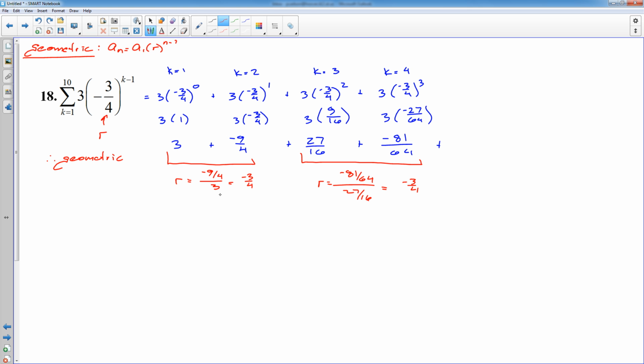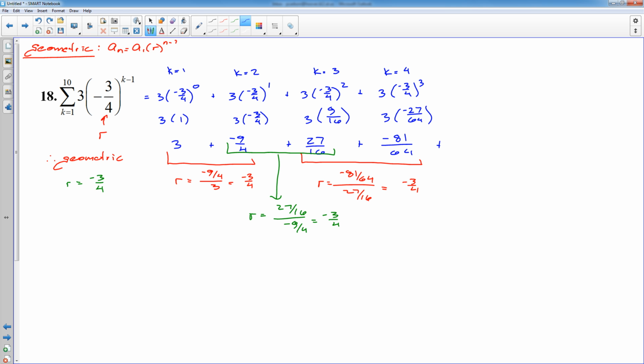You're going to get the same answer every time, even if I did the ratio between the 2nd and 3rd terms, 27 over 16 divided by negative 9 over 4, you will get negative 3/4. So this is a geometric series with a ratio of negative 3/4.